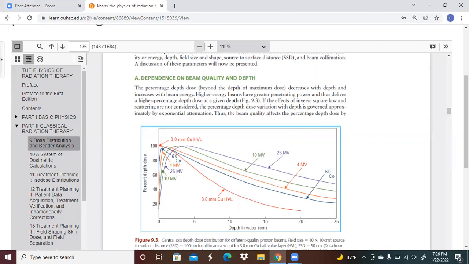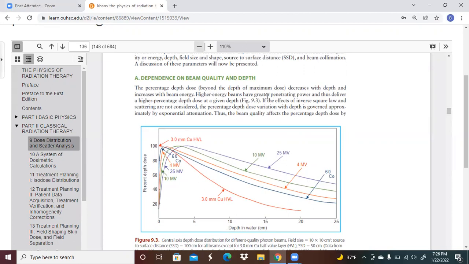So the PDD beyond the maximum dose, which is what you're seeing here in this particular graph, is going to decrease with depth. In other words, as you go further along, the percent of dose that remains is going to be less than what you see at the peak.